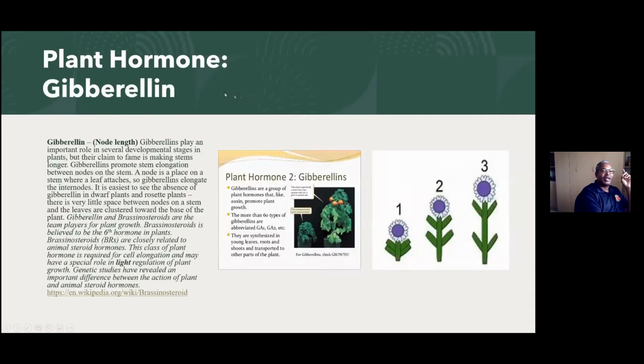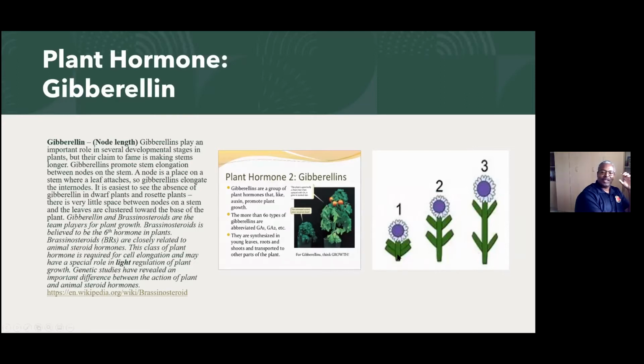The second plant hormone are the giblets or the gibberellins. The gibberellins is the hormone that has to do with node length. You look at your trees. Have you ever seen your tree?